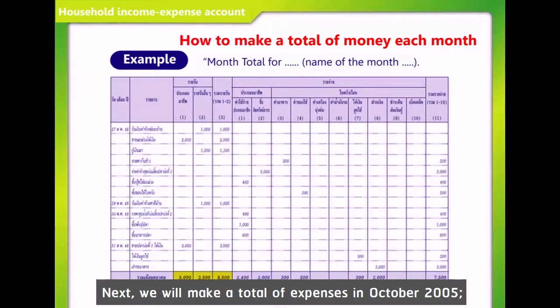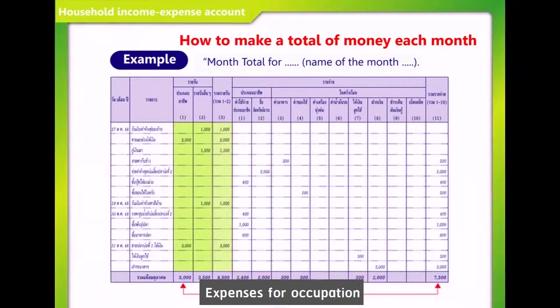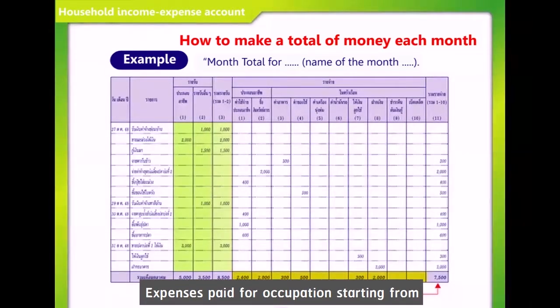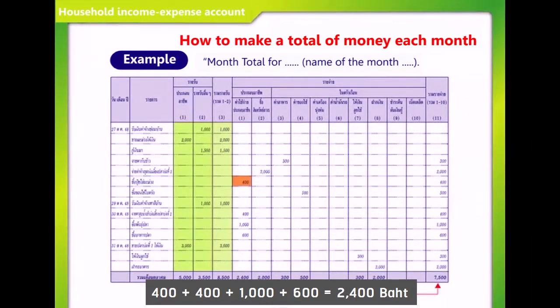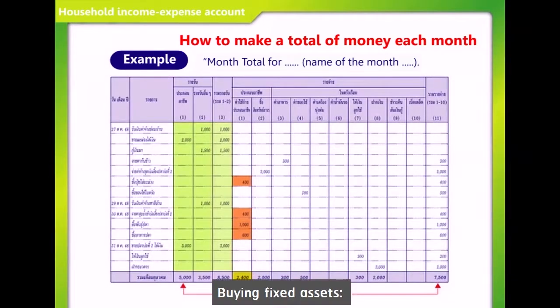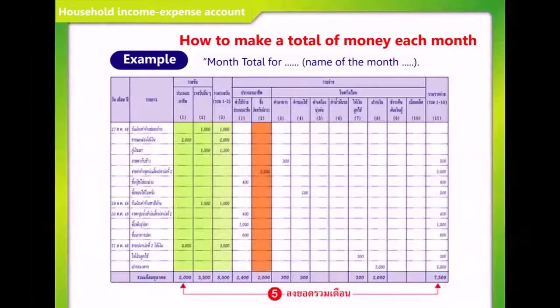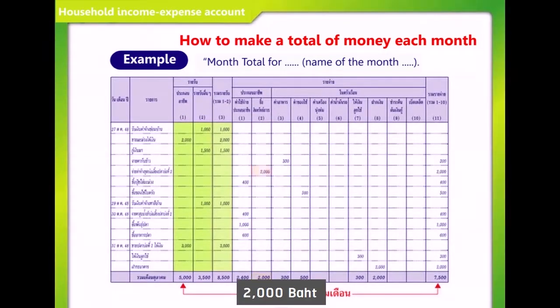Next, we will make a total of expenses in October 2005. Expenses for occupation. Expenses paid for occupation starting from 400 plus 400 plus 1,000 plus 600 equals 2,400 baht. Buying fixed assets, 2,000 baht.